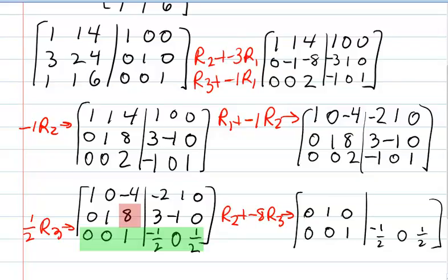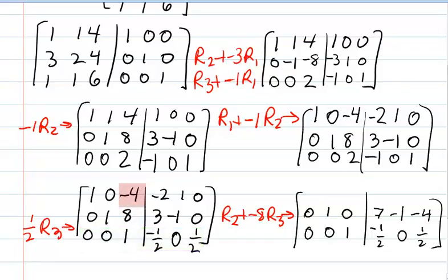Now in the fourth column, negative 8 times negative 1/2, that's 4. Plus 3 gives me a 7 there. 0 plus negative 1, negative 8 times 1/2, that's negative 4 and 0. Negative 4 and 0.